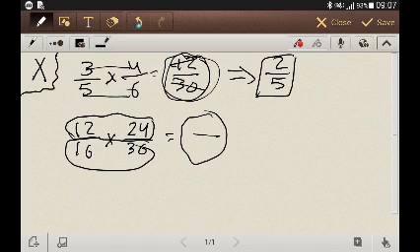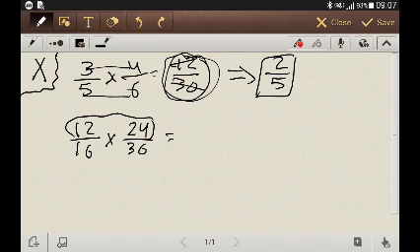So, to make it easier for you, you can simplify them in this step. As we did before, I have to divide a numerator and a denominator by the same number.